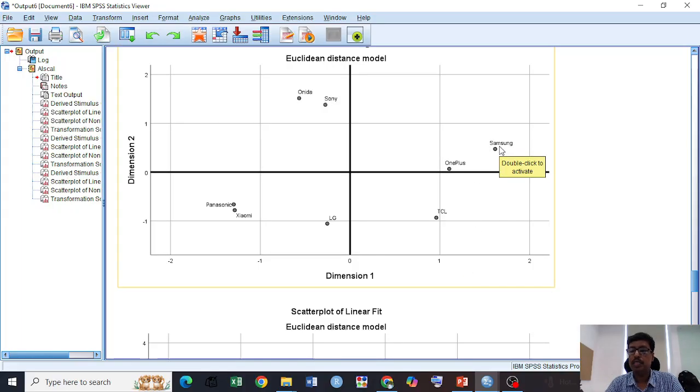OnePlus and Samsung are in close competition. Onida and Sony are in close competition in terms of maybe certain features, maybe picture quality, but in terms of after-sale service, Samsung and OnePlus are in close competition. So you need to identify and bring out the insight based on the analysis.